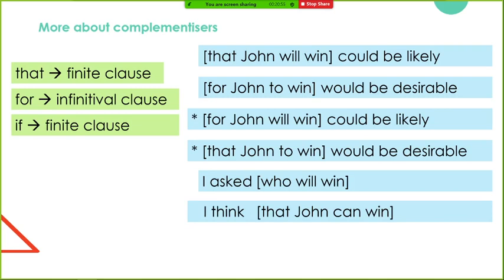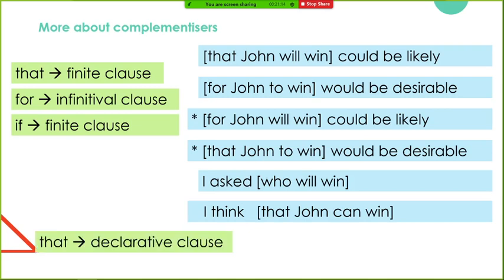Instead, what we've got to have there is that introduces a declarative clause, a clause that makes a statement, the kind of clause that can be the complement of a verb like to think. When you think statements, you don't think questions as such. So we can see that introduces not only finite clauses, but declarative type clauses, and if introduces interrogative clauses.